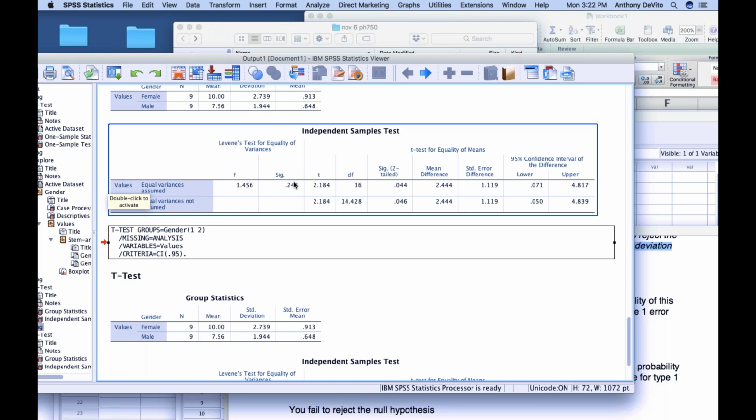Again, we're usually looking at a level of tolerance for error of 5%. Since this number is bigger than 5%, we fail to reject the idea that they're equal, so we stick with the top line. If this had been less than 0.05, we would have said the variances are different, and used the bottom line instead.